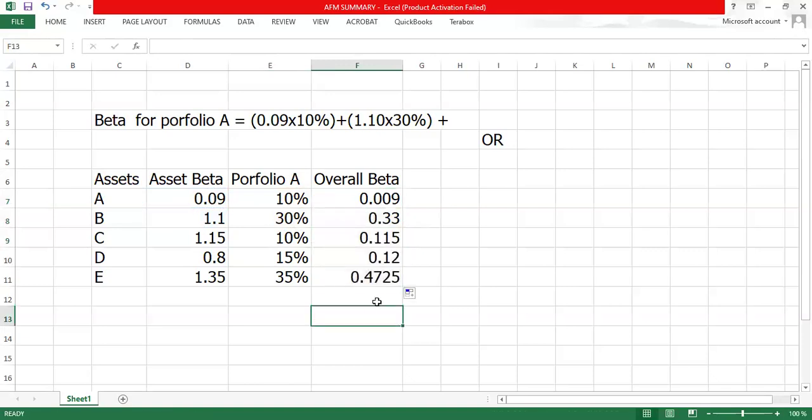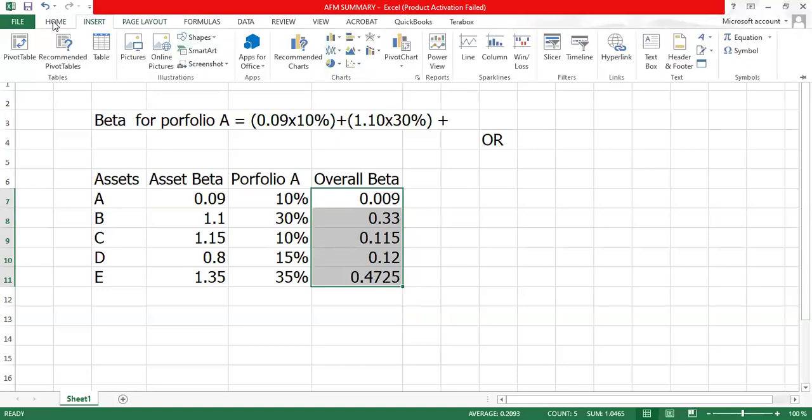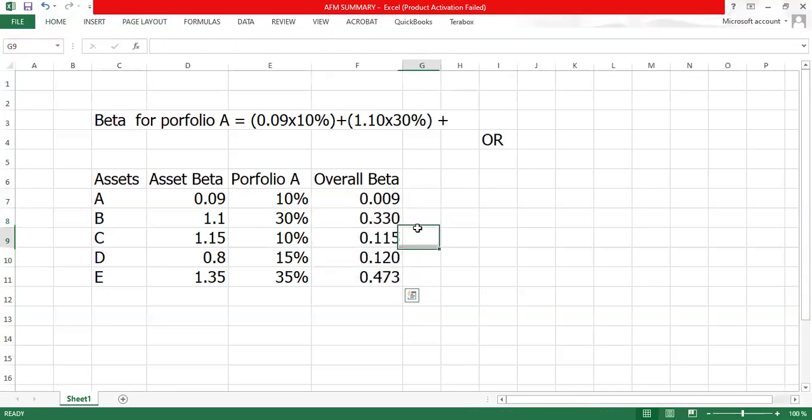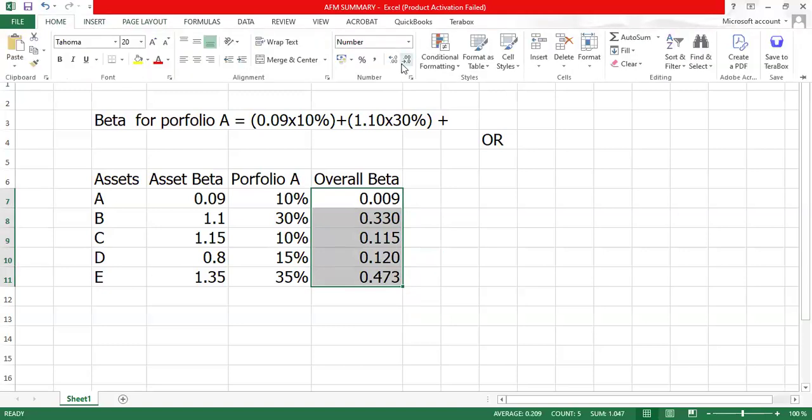Are you getting these figures? Round off to 3 decimal points, or 2, depending on your time. I can use 2 because of the time in an exam.